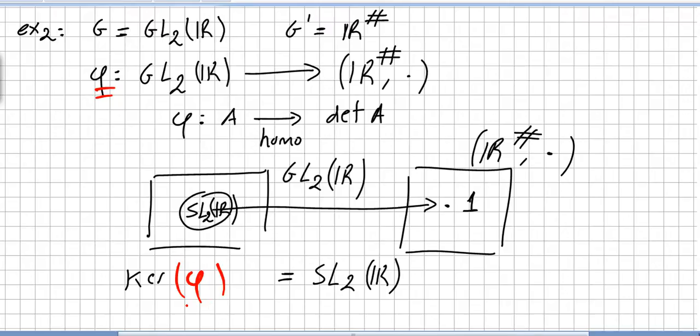In this case it would be the kernel of the determinant, because phi, the homomorphism, is the determinant. So the kernel of the determinant is the special linear group 2 by 2 with entries in R.